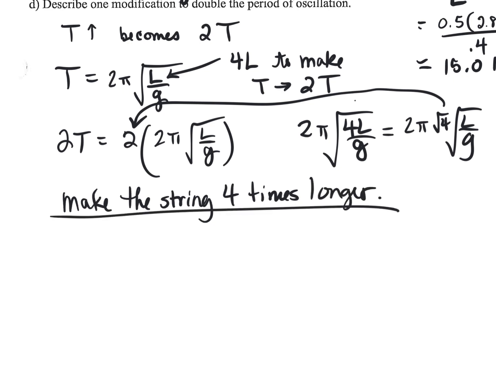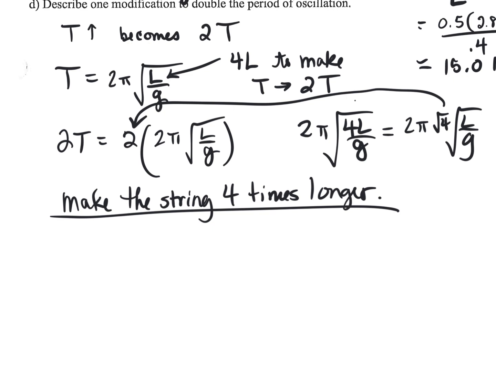Now, if you were not confined to Earth, we could change the gravity, couldn't we? What would I have to do to gravity to make this thing? Would I have to increase gravity or decrease gravity? I'd have to decrease gravity, wouldn't I? By 4 times, wouldn't I?